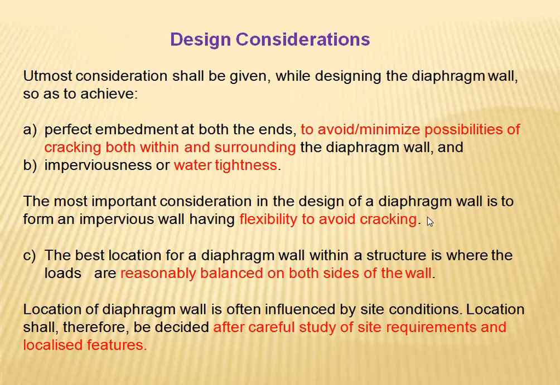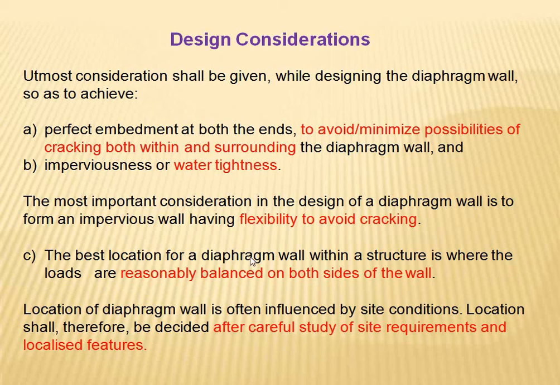Then design consideration. While designing the diaphragm wall, we have to avoid and minimize the possibilities of cracking both within and surrounding. Also we have to think about imperviousness or water tightness. Again, while designing we have to think about flexibility to avoid cracking of the wall.